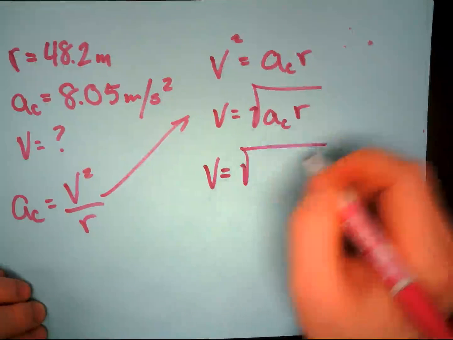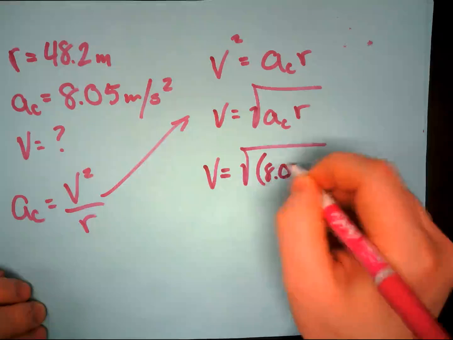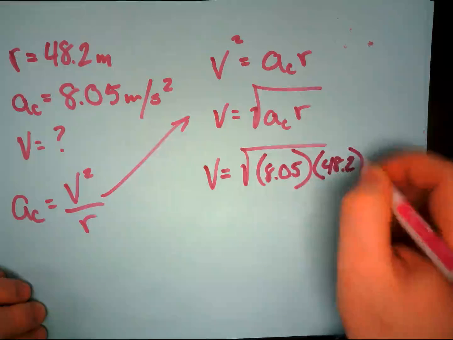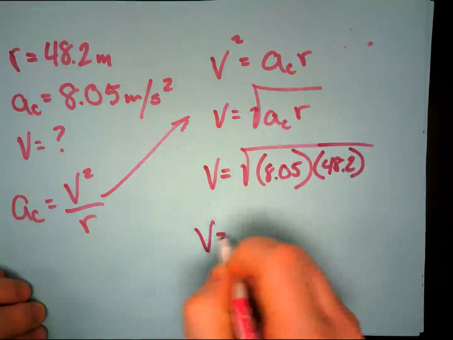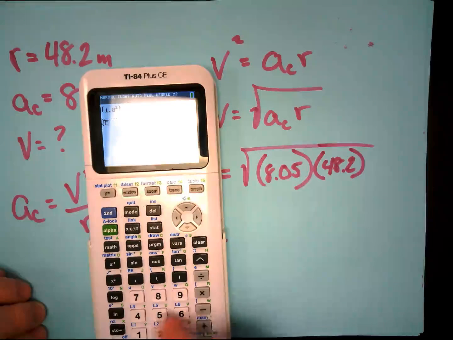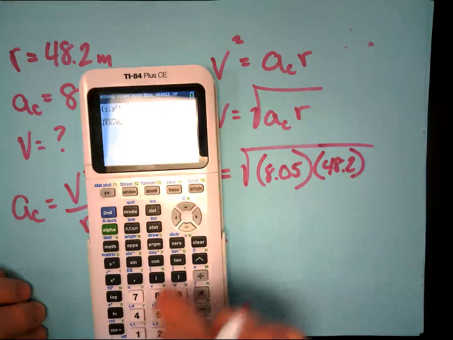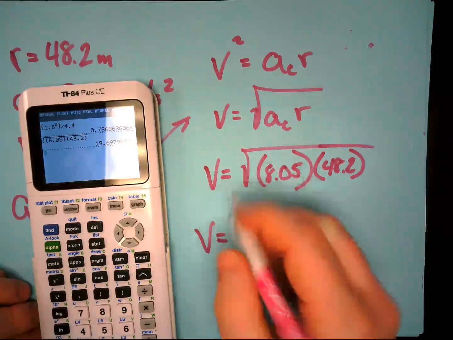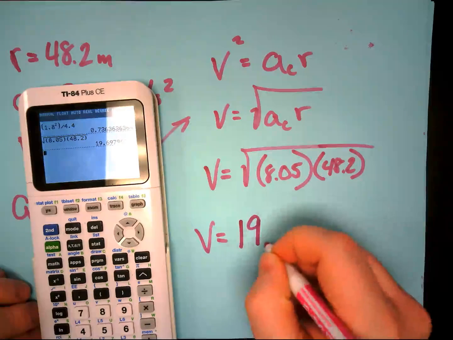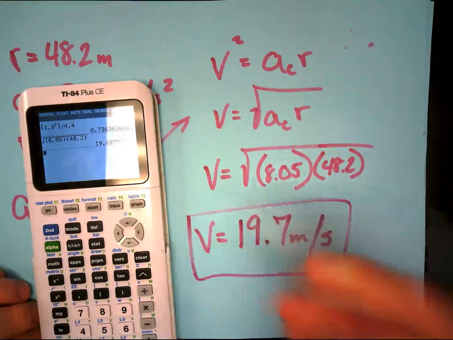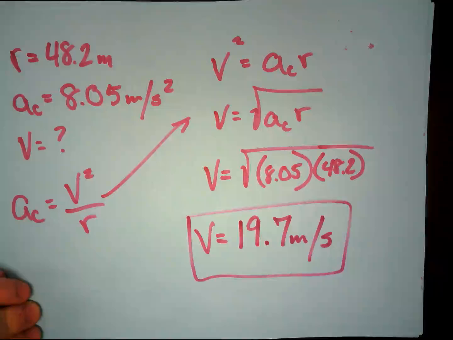So velocity will be equal to the square root of 8.05 times 48.2. Pop that into the calculator, and I get 19.7 meters per second.